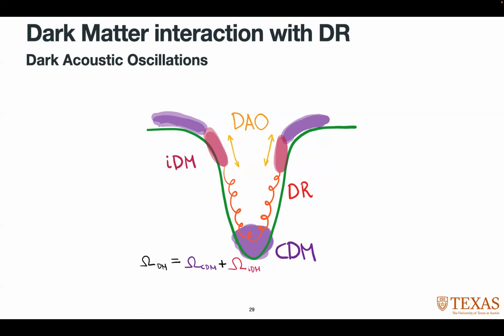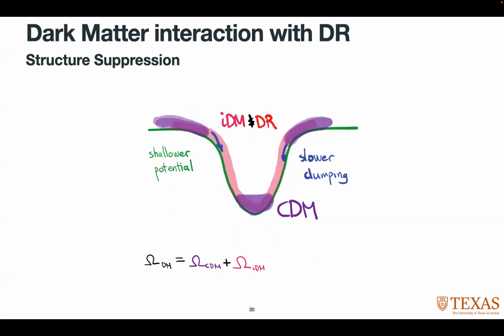Then this also creates so-called dark acoustic oscillation in the photon and baryon fluid, and it gives this signature on the matter power spectrum. As a result, there is shallow potential and free-streaming damping, so it can eventually suppress structure as well.